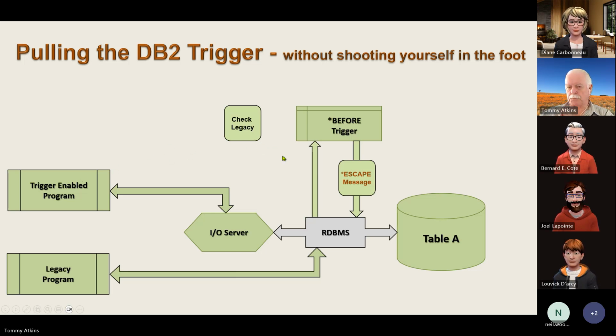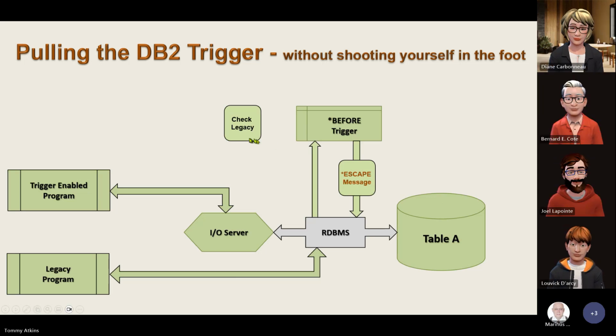Now, this check, the only way it can find out, because remember, there is no communication between the trigger and the program. There's no direct way of communicating between these two. So I mulled this over for quite some time, and I came to the conclusion that the simplest way to do this is to use two different schemas.